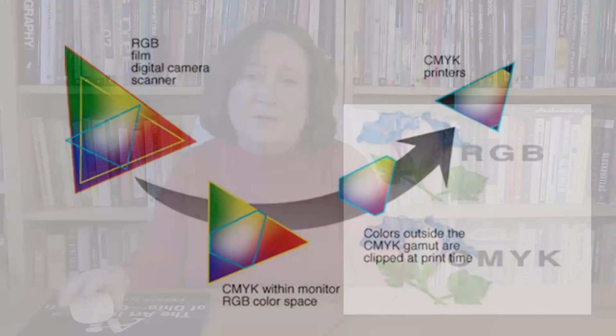All software programs just pick the nearest CMYK color that they can print and substitute the color. This is why you have to do a lot of test printouts every time you want to get a specific color in print. CMYK colors are much duller. They are not as vivid as RGB colors on the monitor.